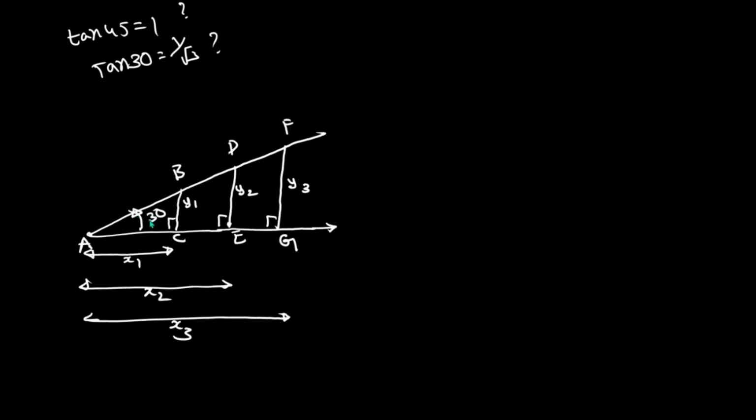We are not changing the angle, and we draw perpendicular lines to the horizontal at many places, forming many right-angled triangles. Now we observe a specific relation between the Y's and X's. If we calculate Y1 by X1, Y2 by X2 and Y3 by X3, it seems to be constant.